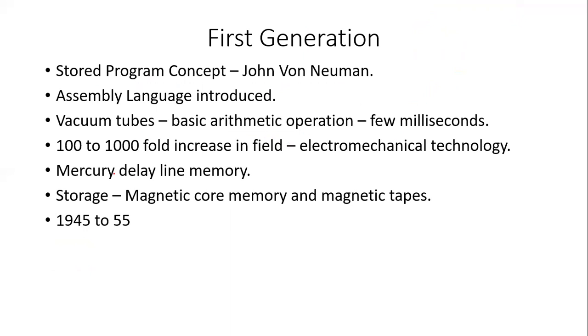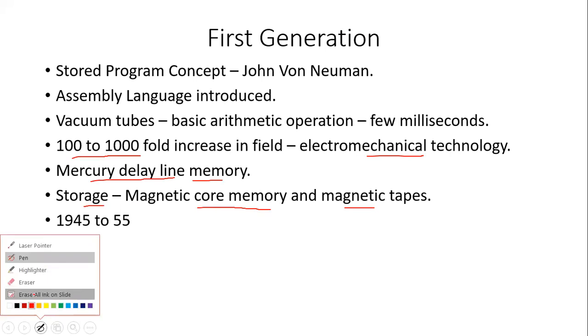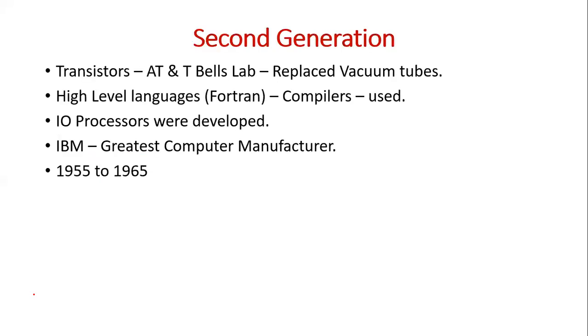So there is an improvement in speed of 100 to 1000 fold compared with electromechanical technology. These computers used a type of main memory called mercury delay line memory, and for storage they used magnetic core memory and magnetic tapes. So this is a brief introduction to the first generation computers.